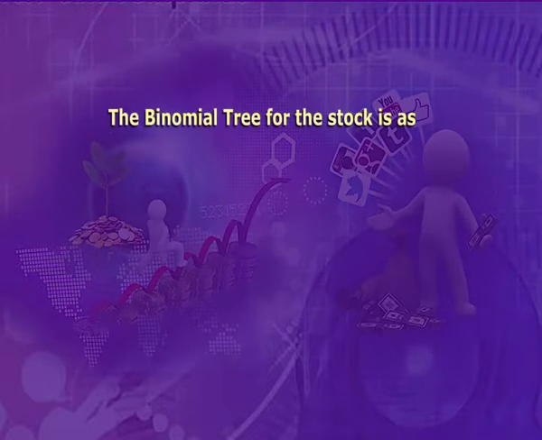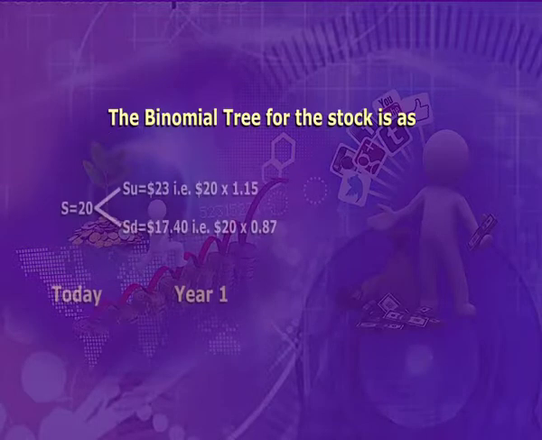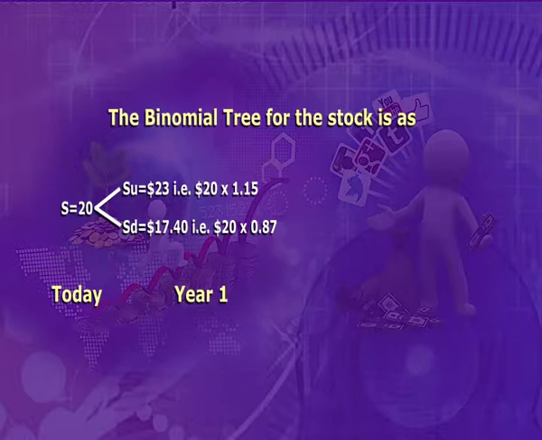The binomial tree for the stock is: if today S is equal to 20, then SU and SD in year 1 would be $23 and $17.40. SU is equal to $23, that is $20 into 1.15, and SD is equal to $17.40, that is $20 into 0.87.